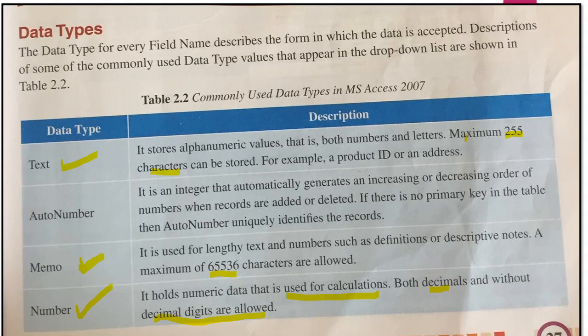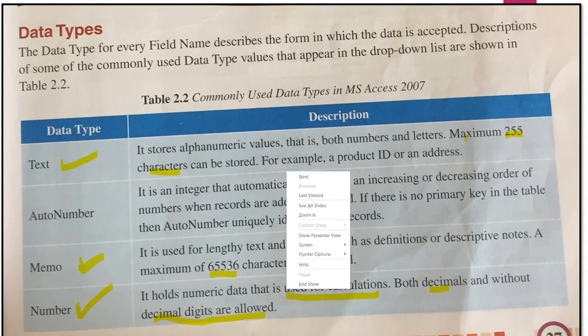So let's say for example, total amount, grand total, rate per hour, total price. You need to use the number data type.